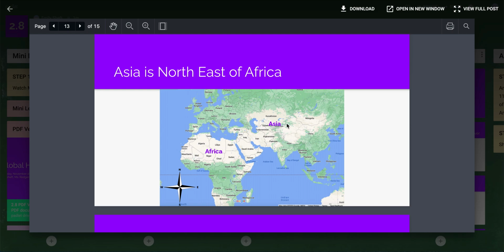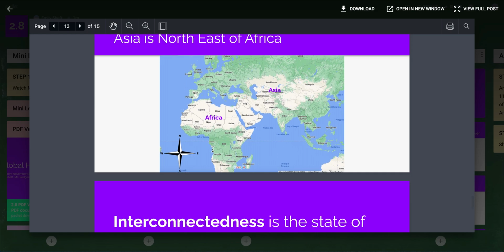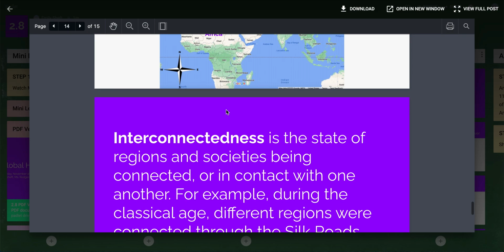However, if we were trading, depending on where we were, we would go north up to here and then head over. But north or south always goes before east or west. So you don't say east south, you say southeast or northeast, northwest, or southwest. Okay? Northwest, just like Kim and Kanye's daughter. It's a good way for us to remember that.